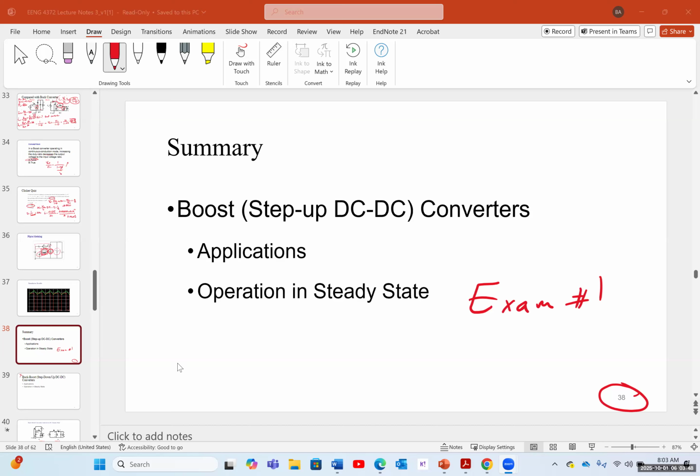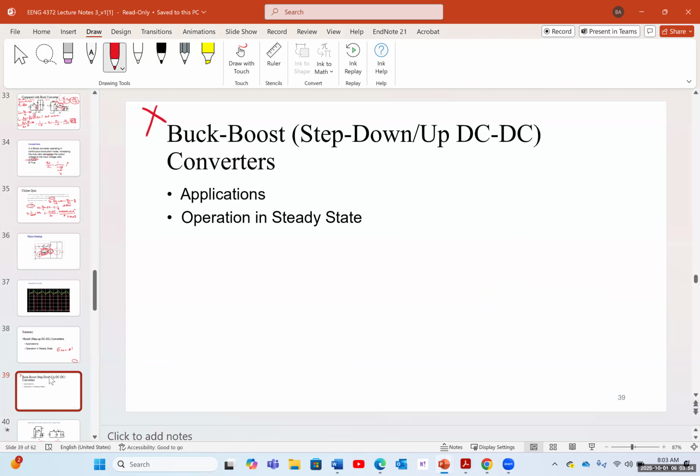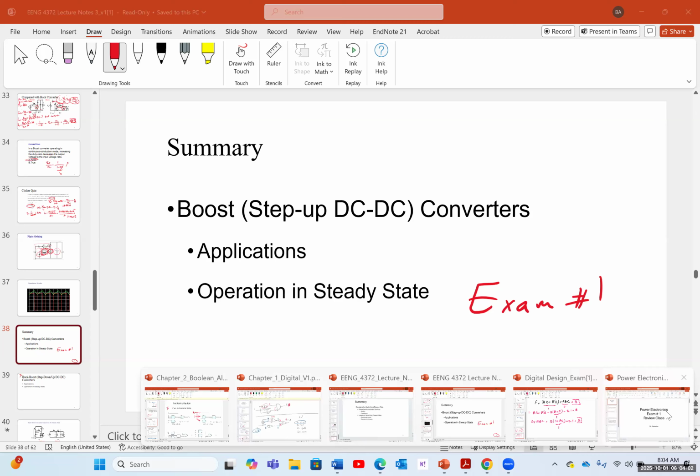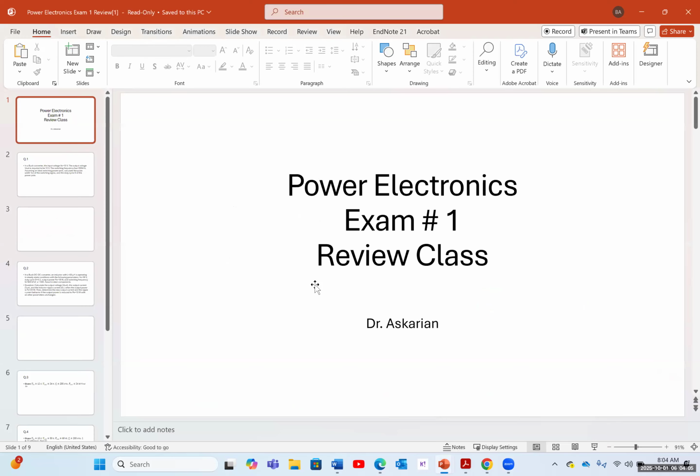So the questions would be from buck and boost, but they would not include the buck boost converter. So it's going to be, again, up to slide number 38. So without further ado, let's start with the review class.